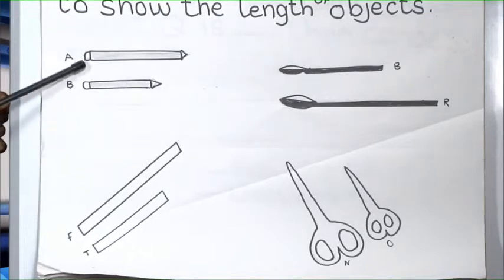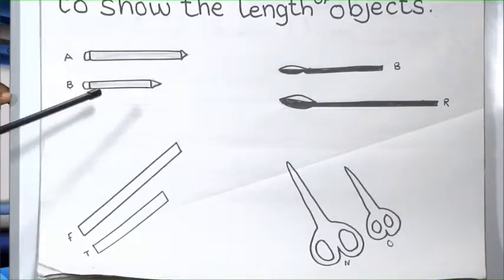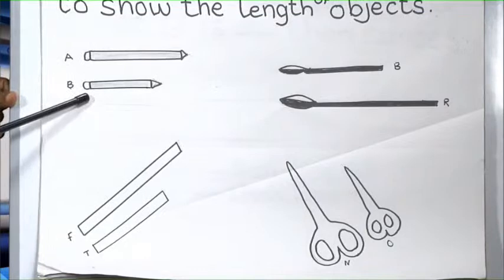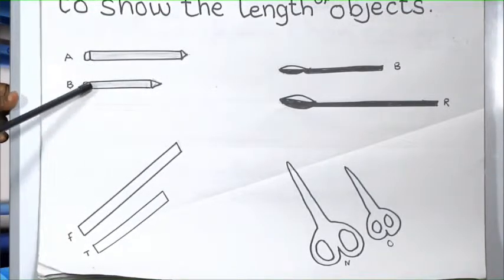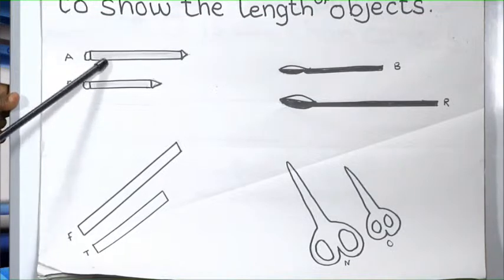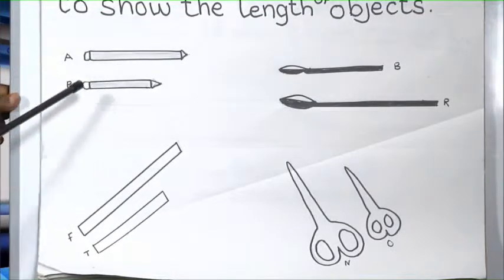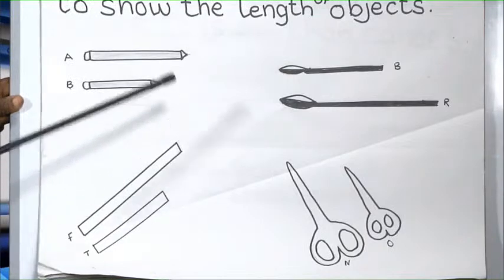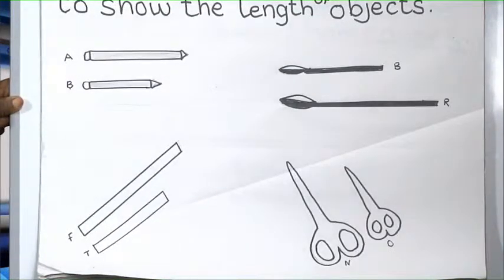And pencil B is what? You, girl in front. Pencil B is shorter than pencil A.